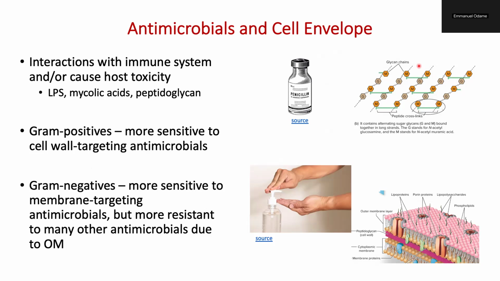So there is an interaction with the immune system, and the bacteria is causing host toxicity within you. The gram-positive bacteria are more sensitive through their cell wall, which makes it possible for us to apply antimicrobials, basically degrading these cell walls.